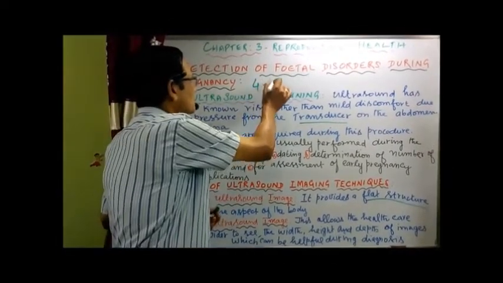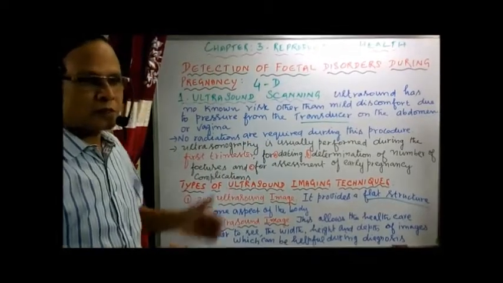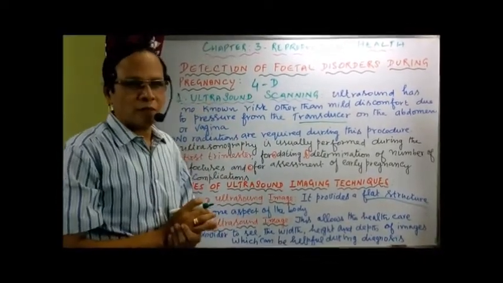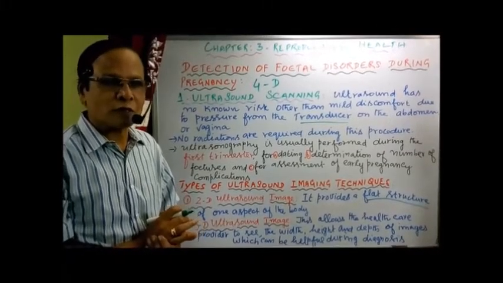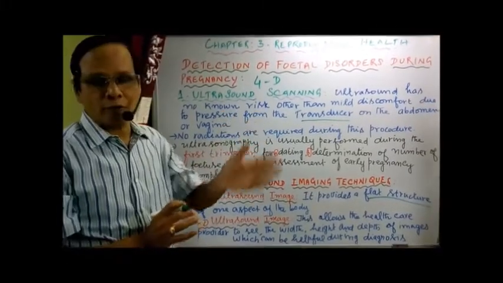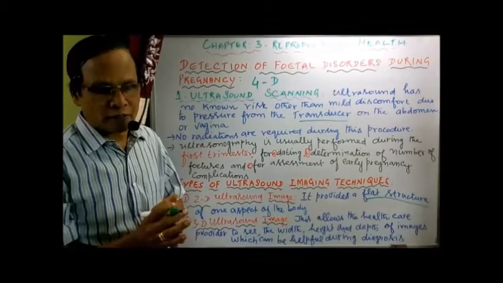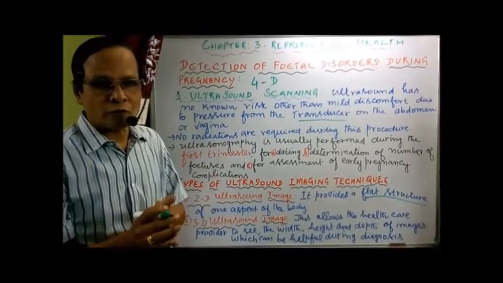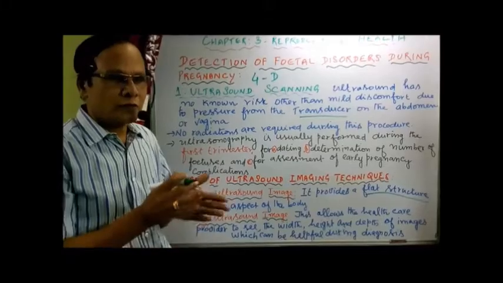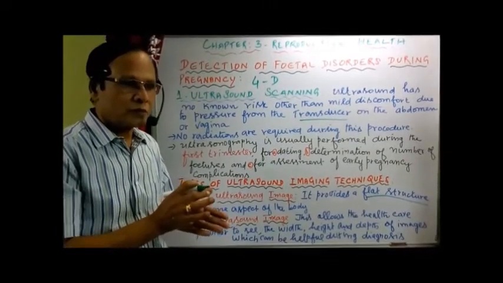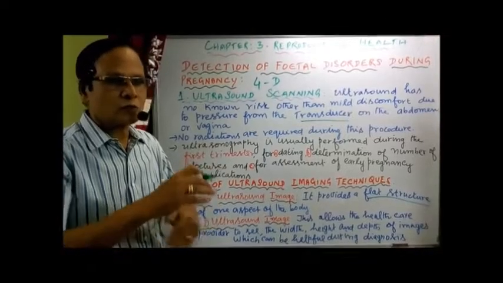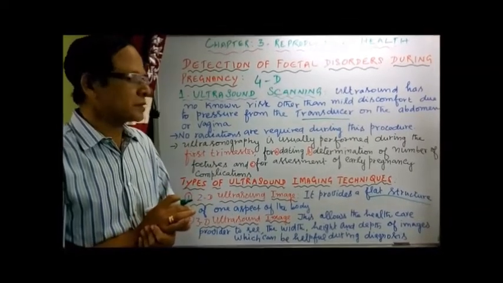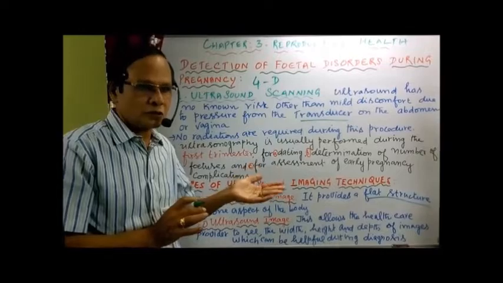Now the third type is the 4D ultrasound image. This is a modern technology. It helps the healthcare provider to visualize the unborn baby moving in real time. So within a short period, how does the baby move from one place to another within the amniotic sac, along with 3D images.